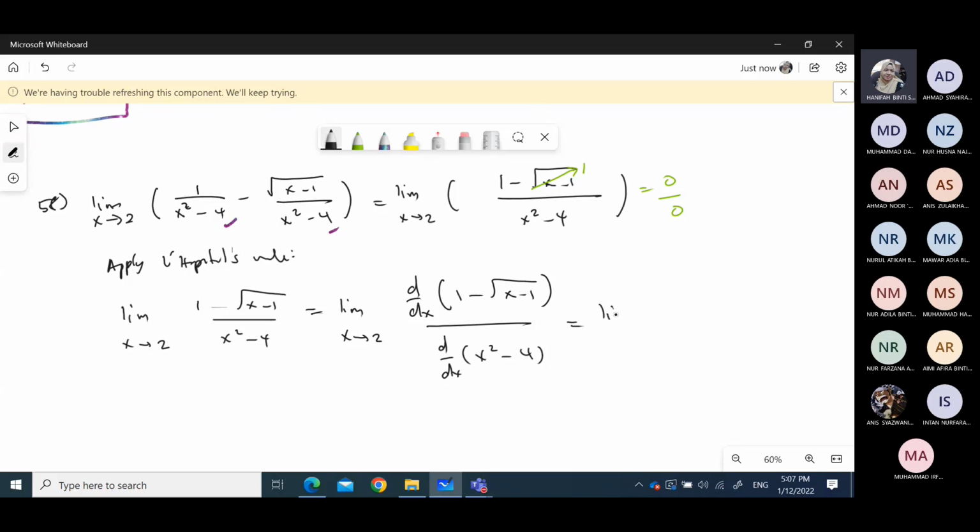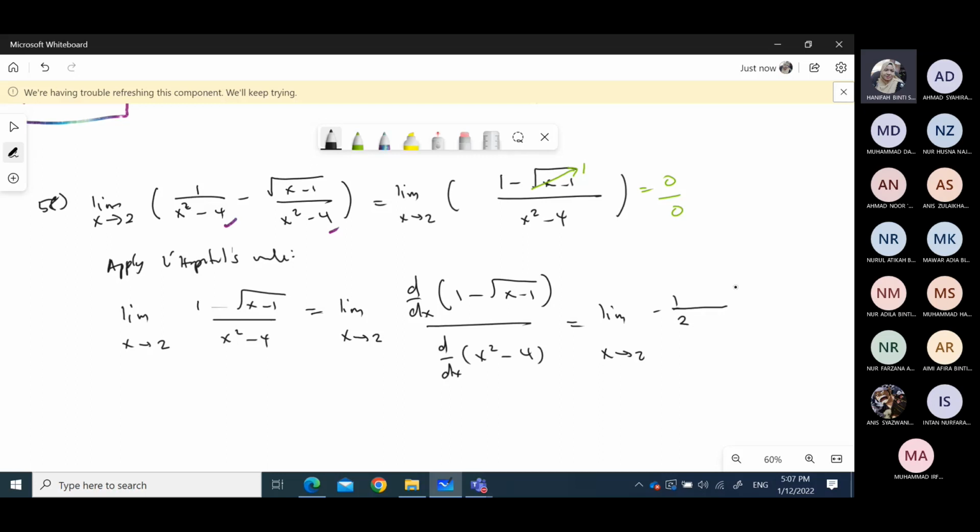So now we have a limit x approaches 2. Negative 1 over 2: the power is 1/2, 1 over 2 minus 1 is negative 1 over 2.